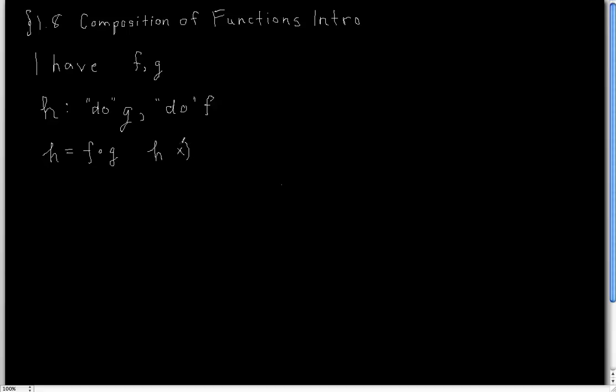If I'm given a number x, how do I find h of x? Well, in this case, I said that first I wanted to do g. So I want to do whatever g does to a number first. What I should start out with is g of x. So I've taken a number and I've done whatever g does to it. And now I want to do whatever f does to it, so I'll put this on the outside: f of g of x. This is read f of g of x.